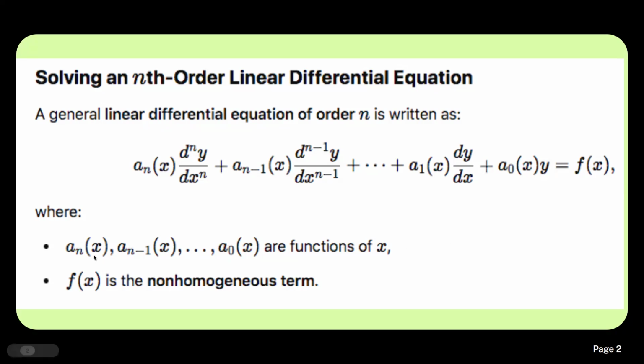Here, all the a_n(x), a_(n-1)(x), and a_0(x) are functions of x. The f(x) is a non-homogeneous term.